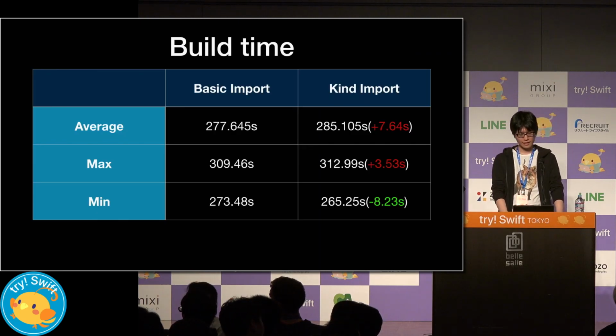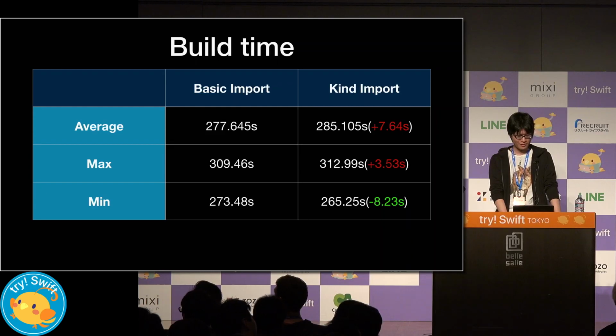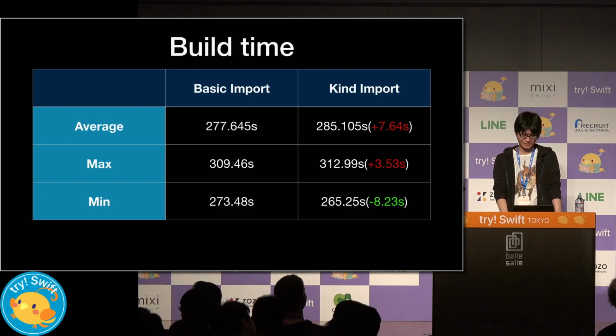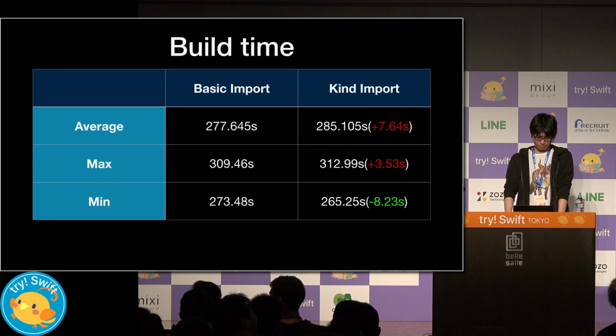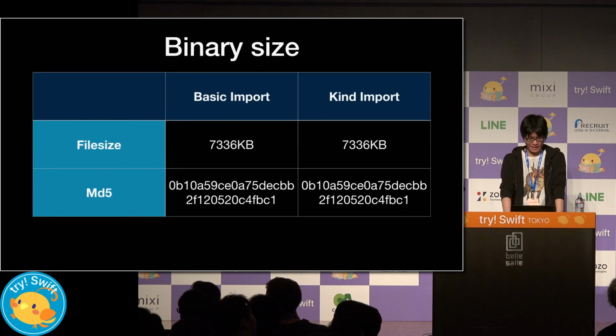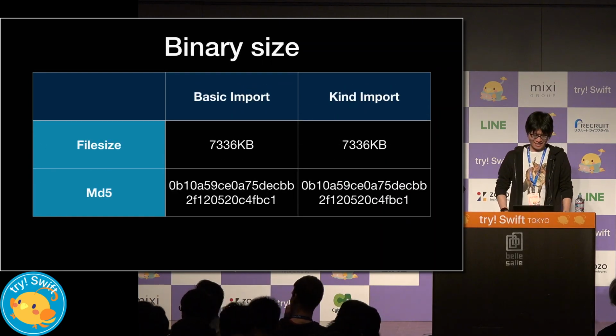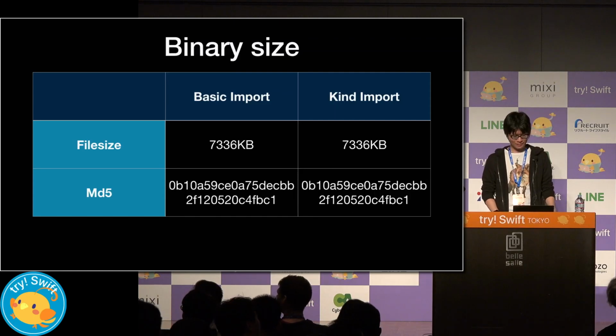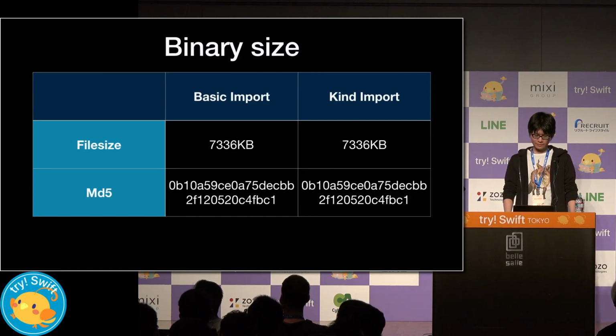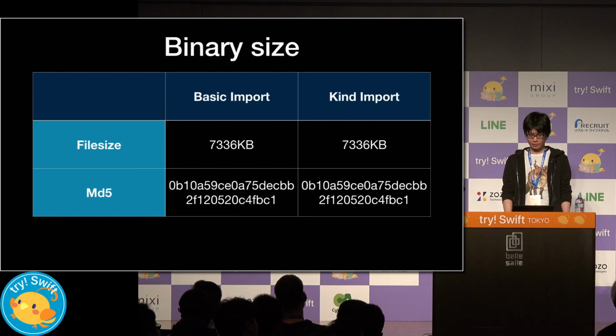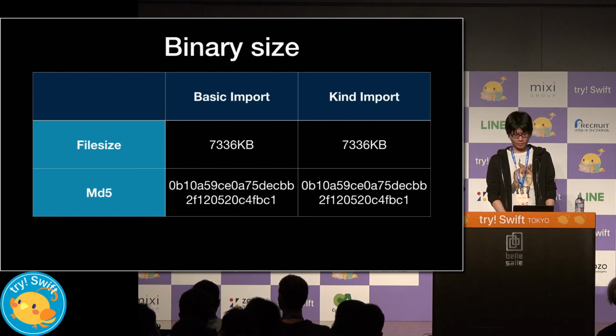The result is that it was almost the same. So how was the binary size? This was also the same. And the MD5 of the binary files was the same too. What this means is that no matter your notation, the Swift compiler optimizes so that the result is the same.